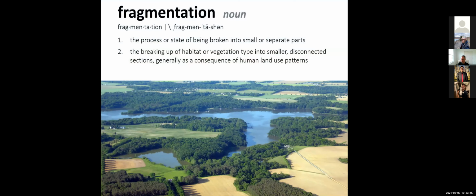That brings us to the definition of fragmentation. Fragmentation is defined generally as the process or state of being broken into small or separate parts. From a landscape ecology point of view, it is the breaking up of habitat or vegetation type into smaller, disconnected sections, generally as a consequence of human land use patterns.